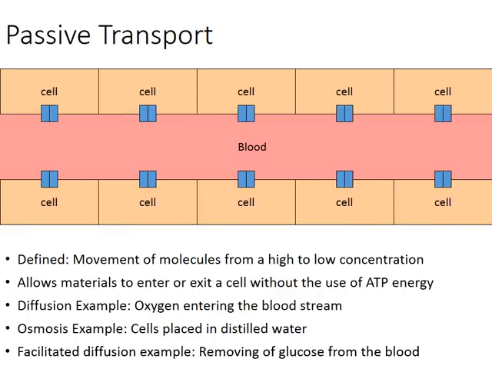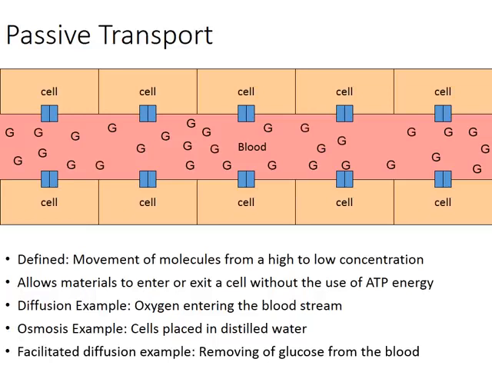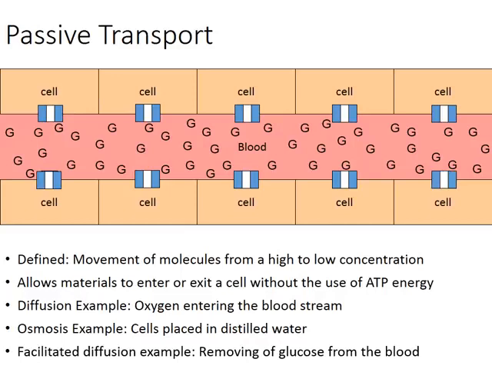So there's these little protein channels, these little gateways that will allow molecules like glucose to come into the cell. So after we have a meal, the amount of glucose increases in our blood. And ultimately, this can be hazardous if too much glucose builds up and builds up and builds up. So what happens is that the pancreas will release insulin to cause these channels or these doorways here to open.